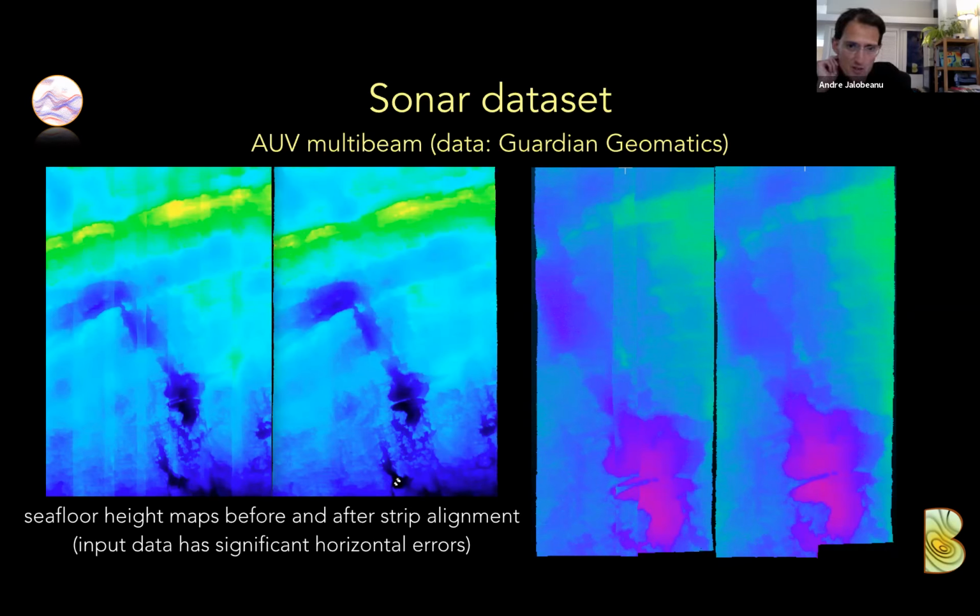That's just the way it is. You can see these errors and how they're reduced from left to right using strip alignment, especially on the example on the right. You can see very, very large displacement between these two swaths that are reduced. And these are height maps here. So you can see how the height maps match one another after alignment.